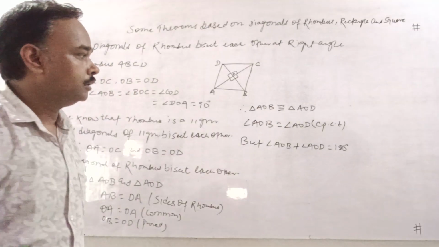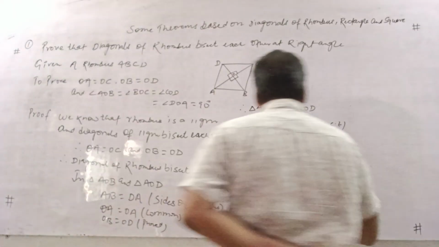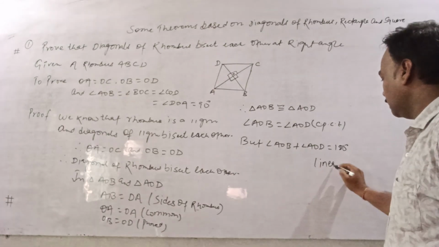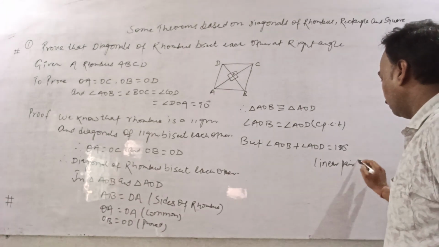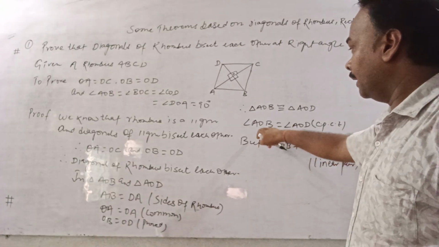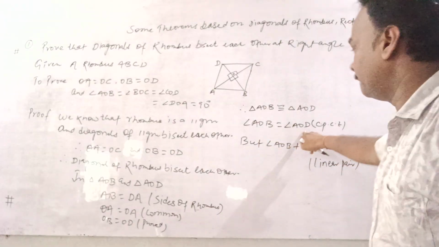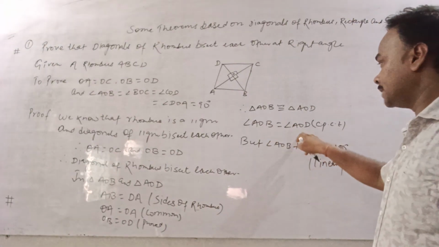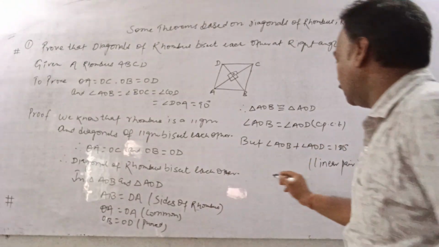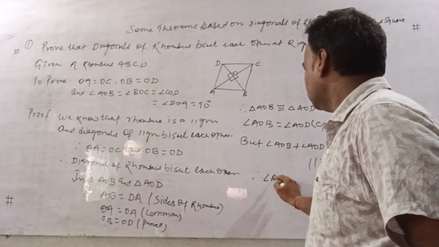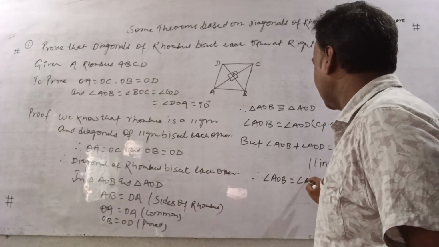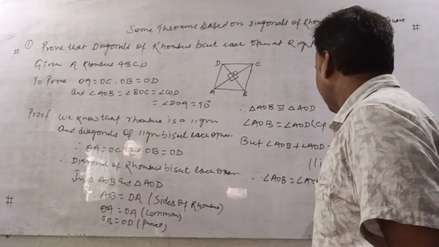Why? Because it is a linear pair. Both angles are equal and their sum is 180 degrees, therefore both angles will be equal to 90 degrees. Therefore, angle AOB is equal to angle AOD is equal to 90 degrees.